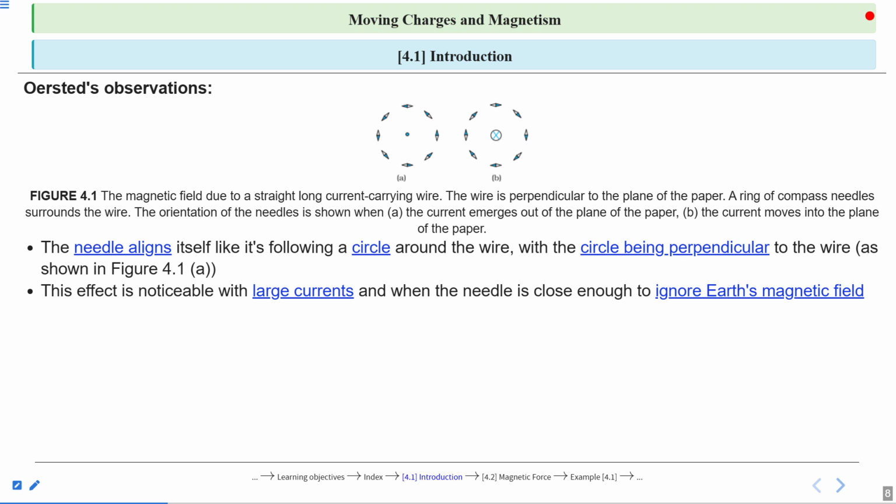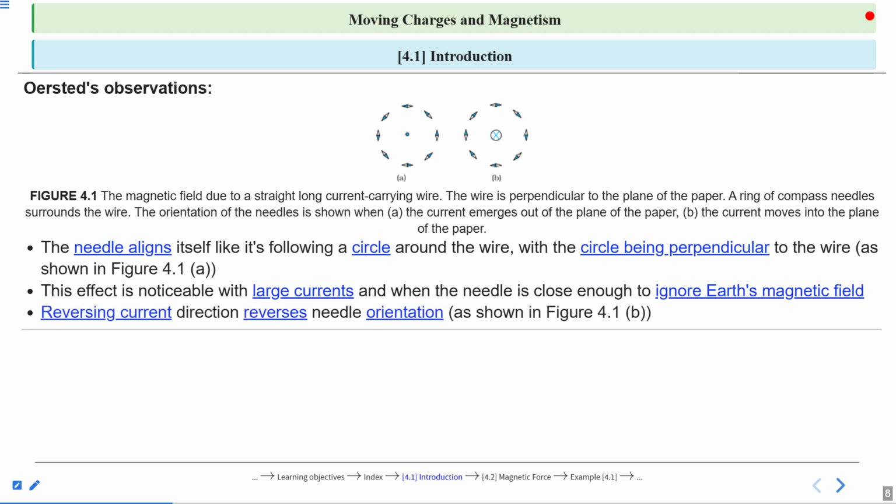So to ignore that weak Earth's magnetic field, we have to place the needle very close to the wire, or there must be a large current in the wire, so that the magnetic field produced by the wire will be very much larger than Earth's magnetic field, so that we can ignore the Earth's magnetic field.